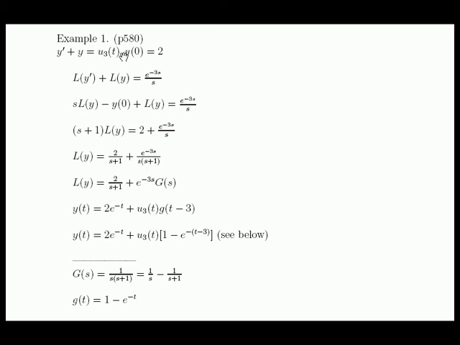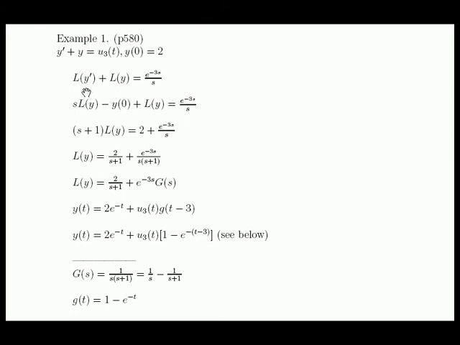We take the Laplace transform on both sides as usual. Laplace transform of y prime plus Laplace transform of y equals the Laplace transform of u sub 3, which using that formula, for u sub a the transform is e to the minus as over s, a being 3 in this case, so e to the minus 3s over s.